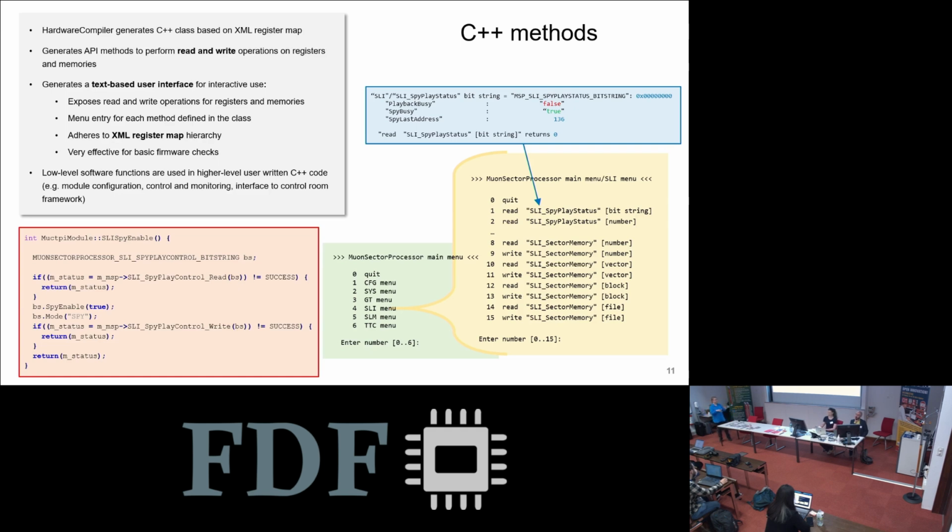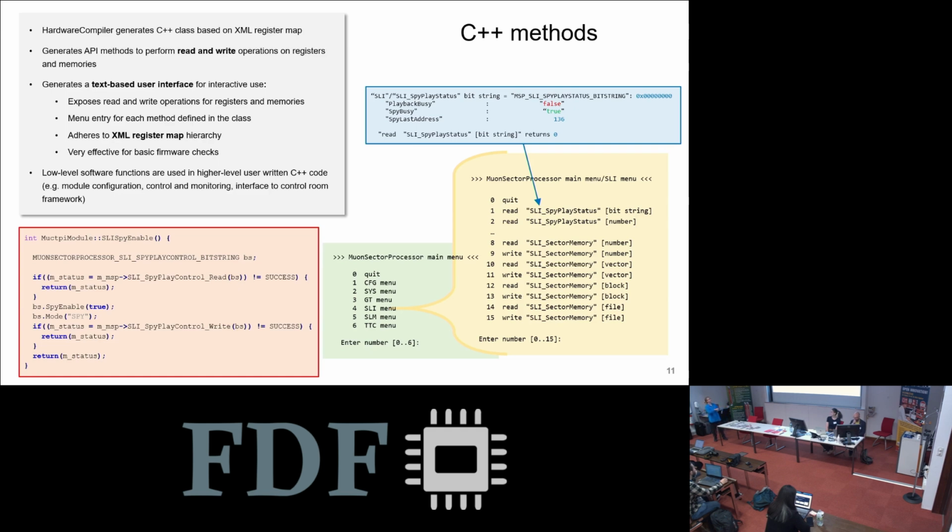The program includes all the top blocks from our XML and keeps the same naming scheme. We can enter a submenu, in this case the fourth one, the SLR submenu, and see all the read and write methods that were defined for every register and memory in that block.